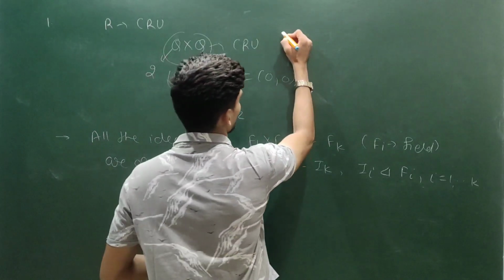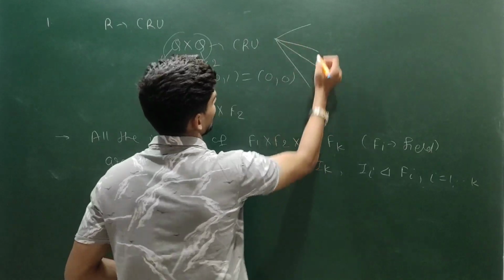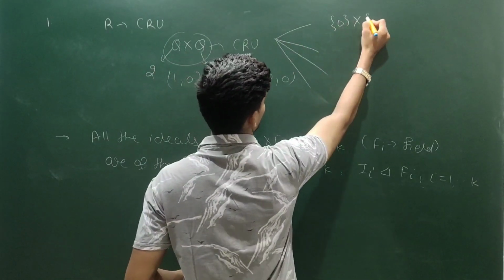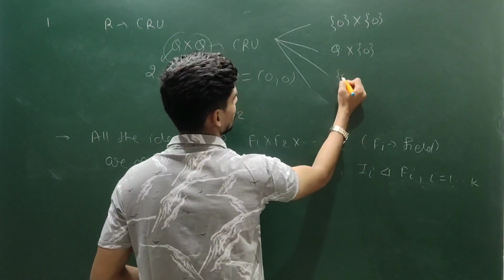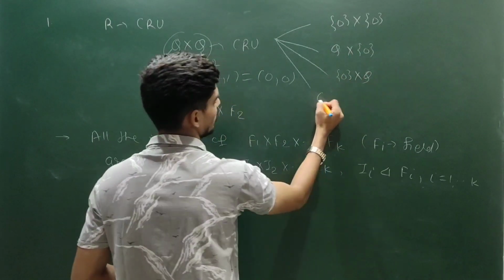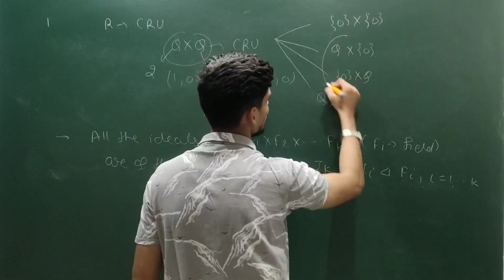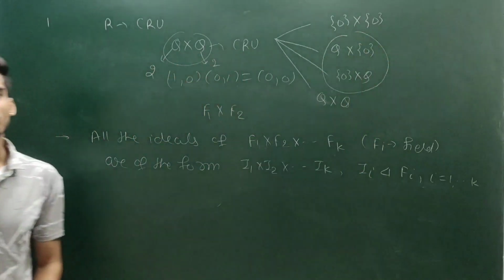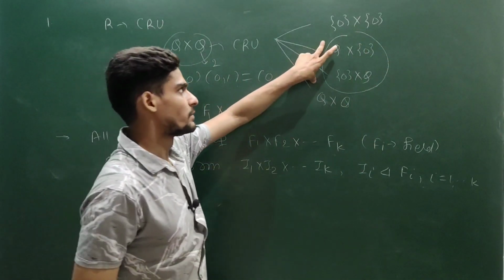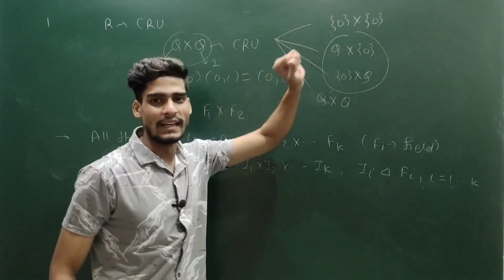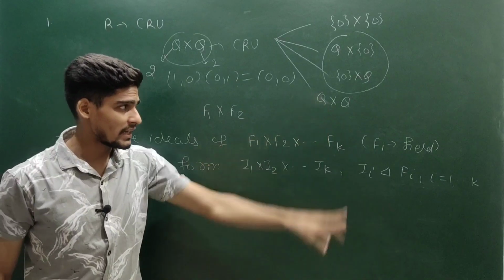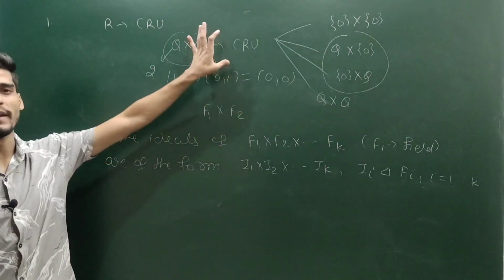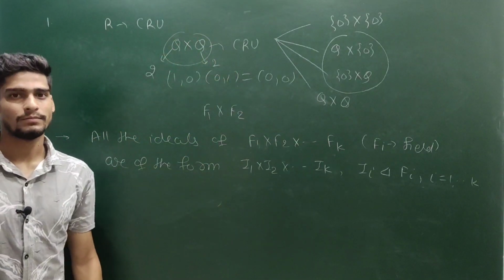All the ideals look like this: 0 cross 0, the trivial ideal; Q cross 0; 0 cross Q; Q cross Q. These 2 you can check are maximal as well as prime ideals. This one is neither maximal nor prime, and this is the improper ideal. So it has finitely many ideals, but it is not a field.